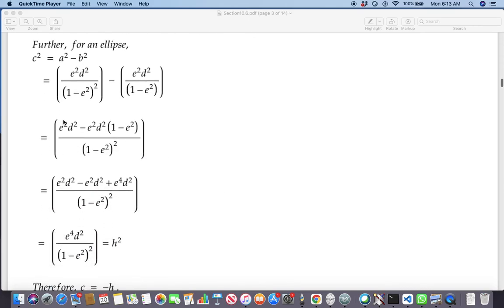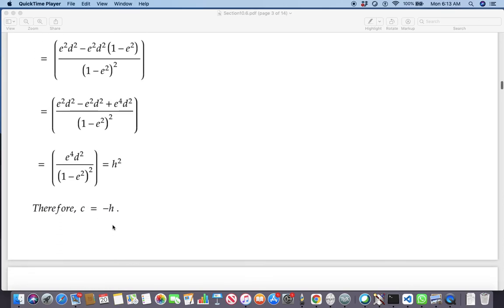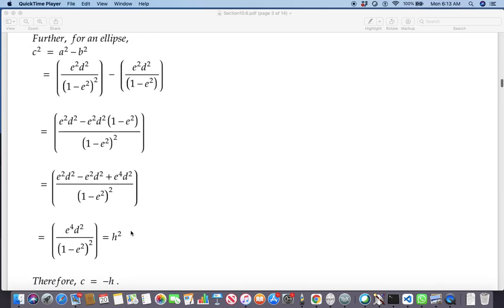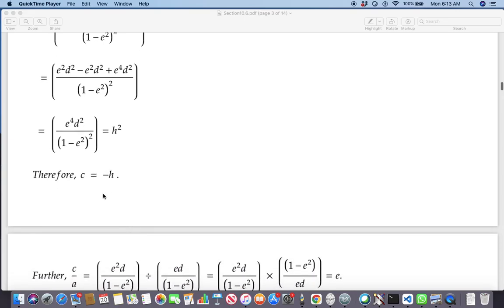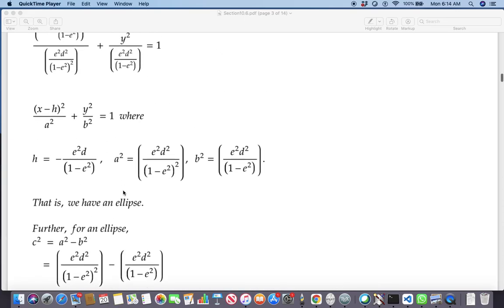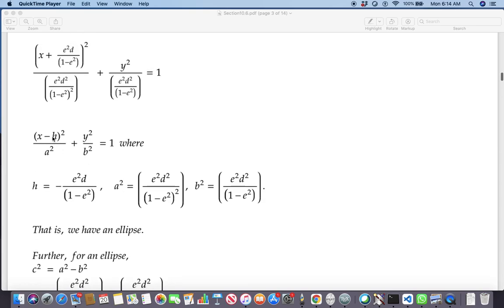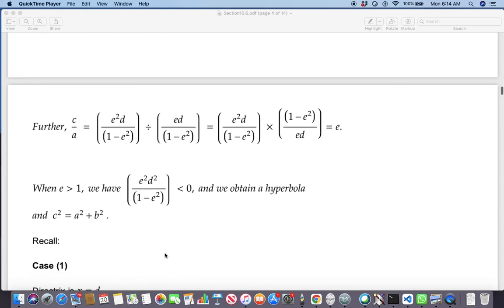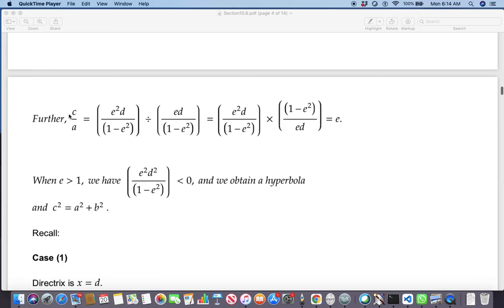When you simplify all that, c squared turns out to be h squared. So c is plus or minus h; you take negative h to write it in this fashion. Moreover, c over a is e.